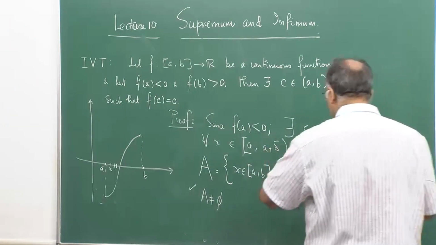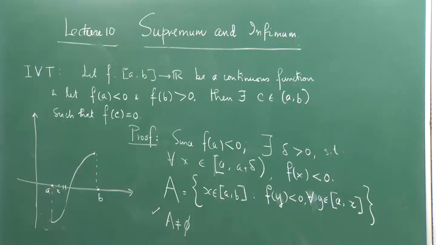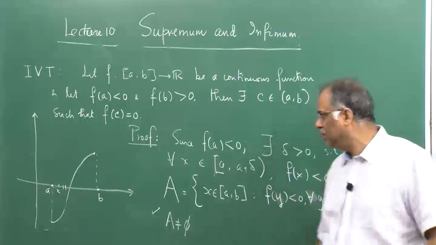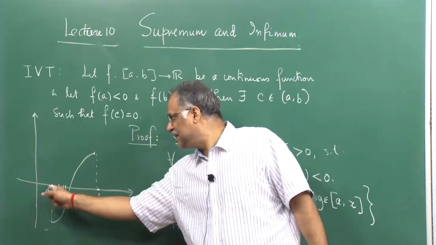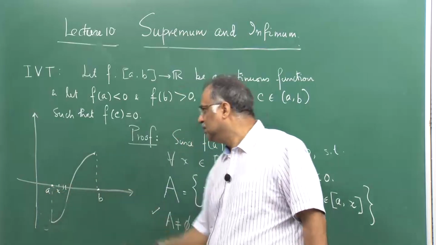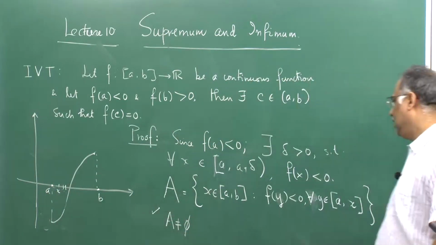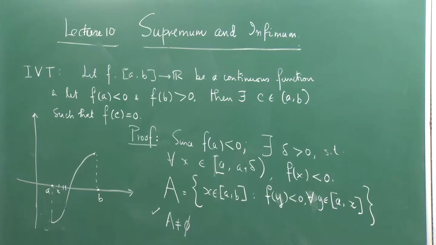Here the idea of supremum and infimum will become really effective. Now, once we have A not equal to phi, so basically we are generating these x's here, we want to say that A has a supremum. How will we say that?